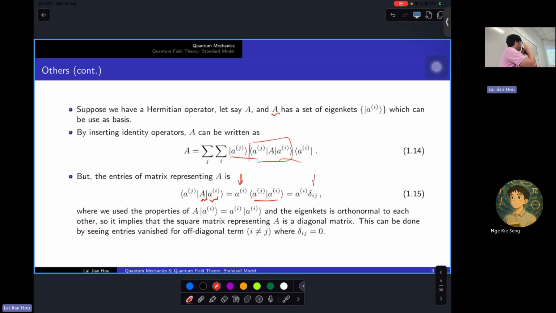And obviously you can see that when the Hermitian operator is represented as a matrix using its eigenkets as a basis, it gives us a diagonal matrix.